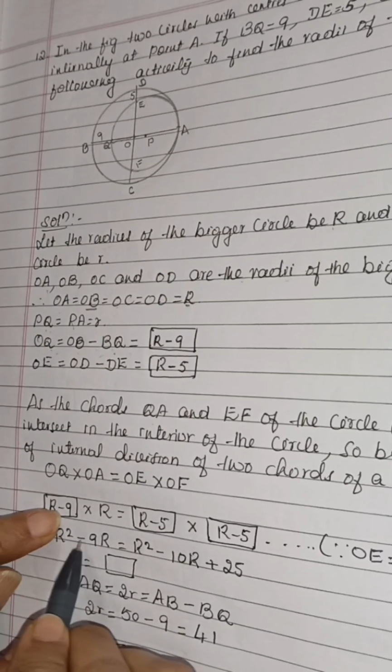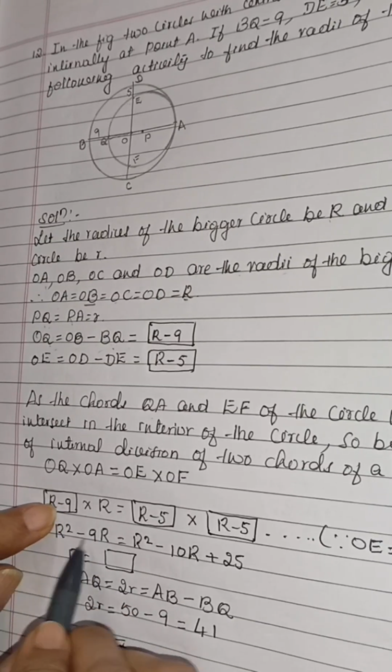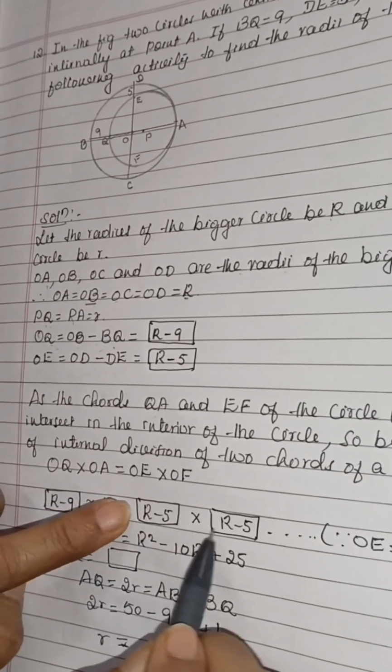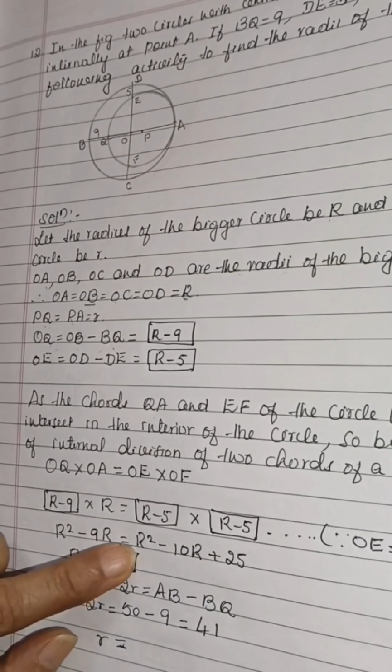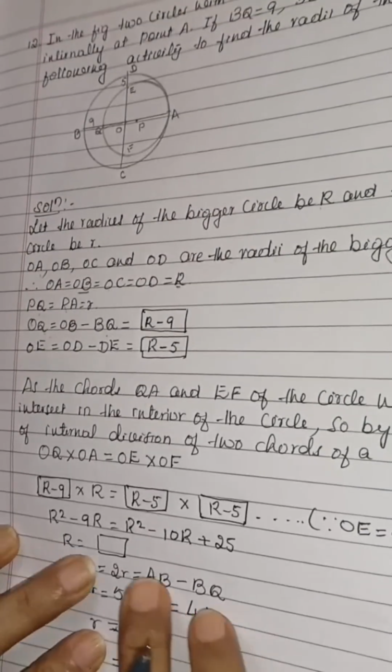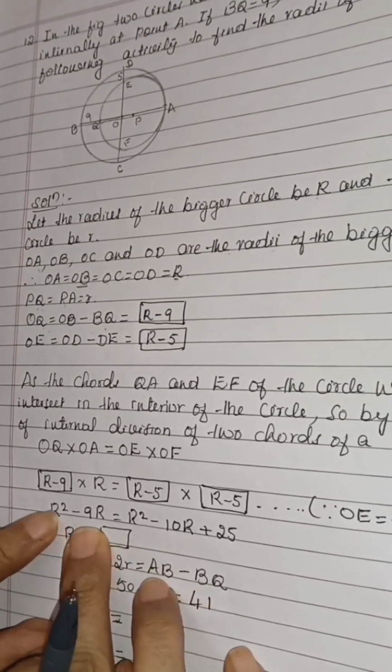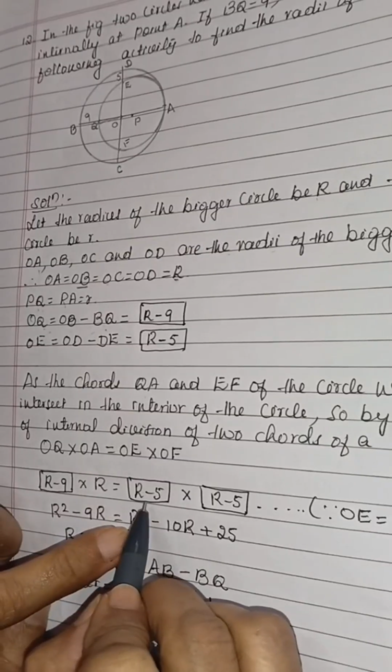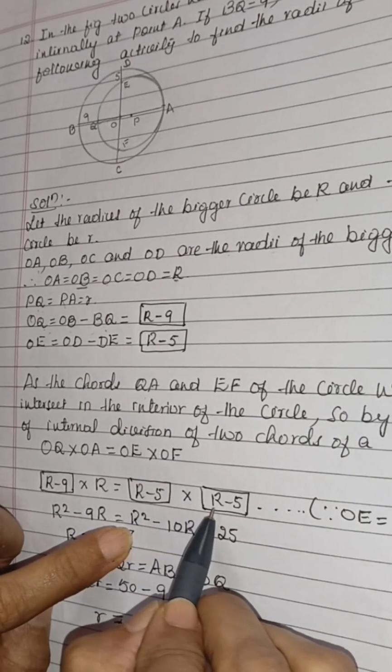Now multiply this out: R minus 5 multiplied by R minus 5.